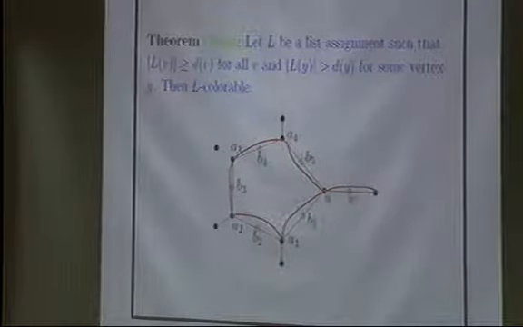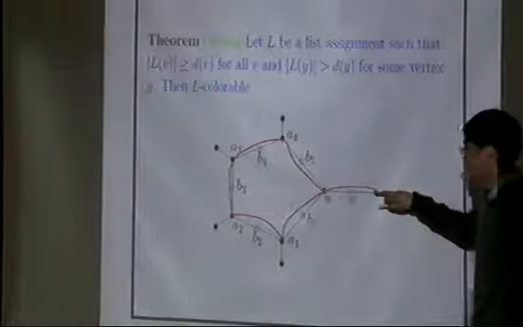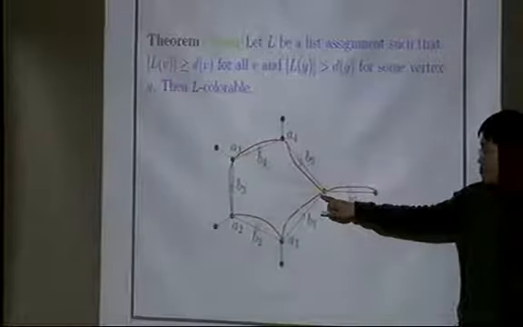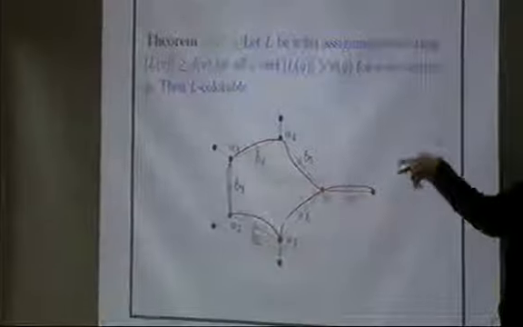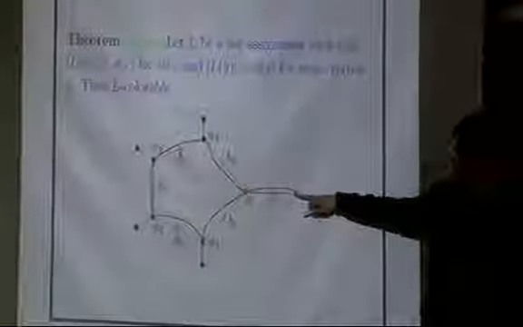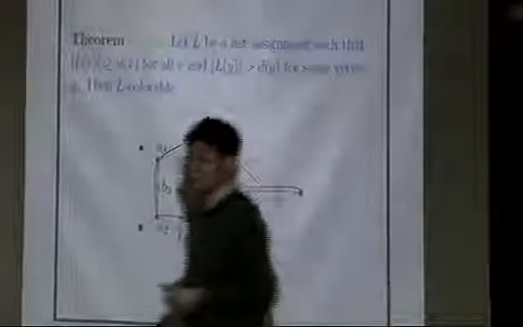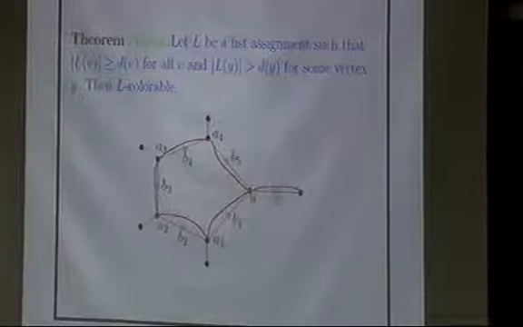Yeah, it's not colored. Okay. Then it has 3 neighbors, but the list size is 4. This vertex is not colored, so it's okay.